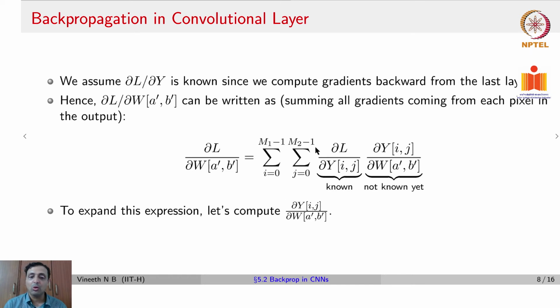So we have to sum over all of these gradients, where you have ∂L/∂Y_ij, which is the gradient of the loss with respect to one particular pixel in that next layer's map, times ∂Y_ij/∂W at (a', b'). Chain rule. ∂L/∂Y we assume is already known through backpropagation until that particular step.